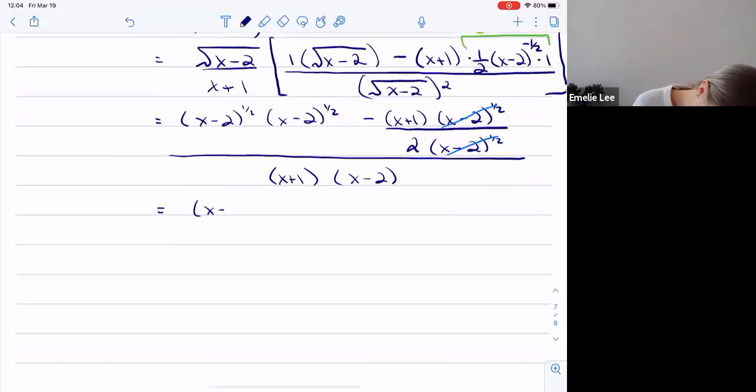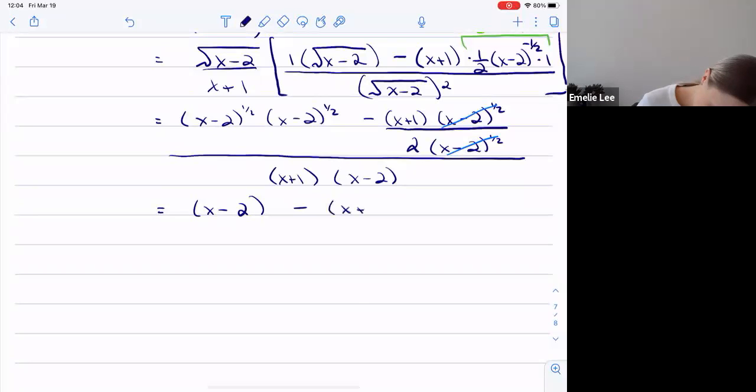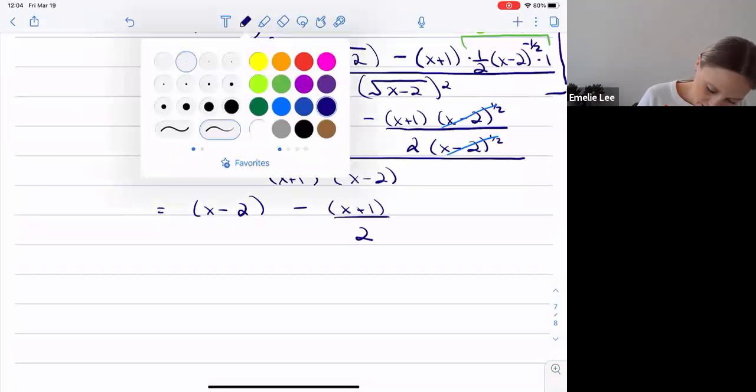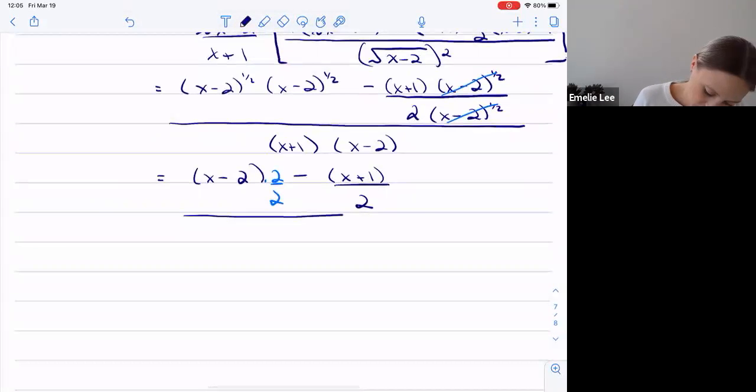So I have x minus 2 minus x plus 1 over 2. I'm going to leave a little bit of room because I'm going to force that common denominator now. X plus 1 over 2. And then up here, I'll force that common denominator of 2, just so I'll be able to combine those. Kind of an afterthought. Over x plus 1 times x minus 2.